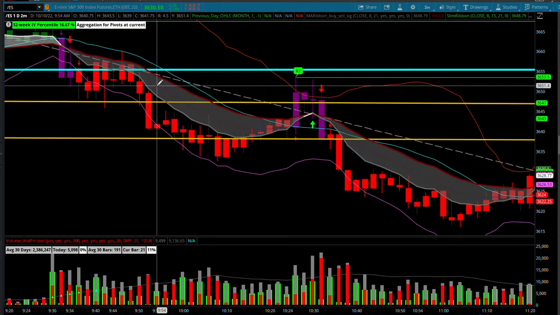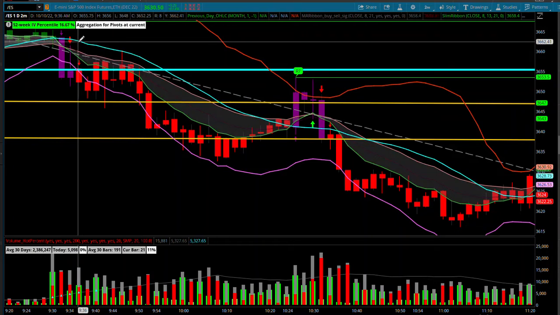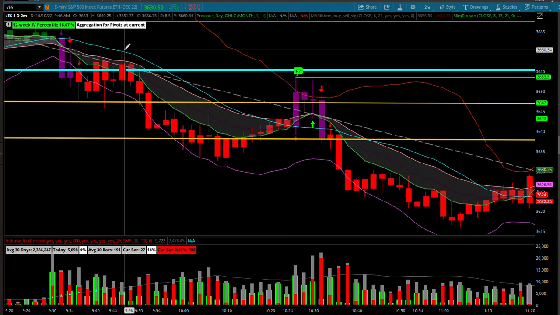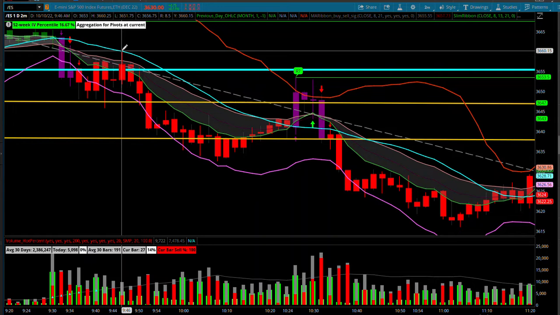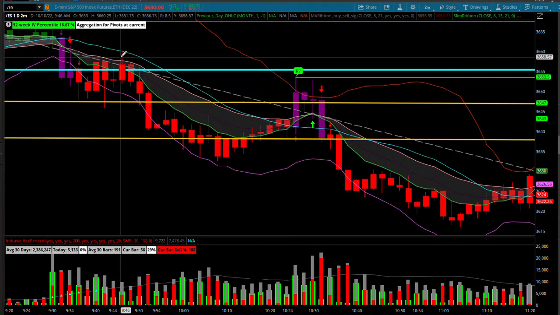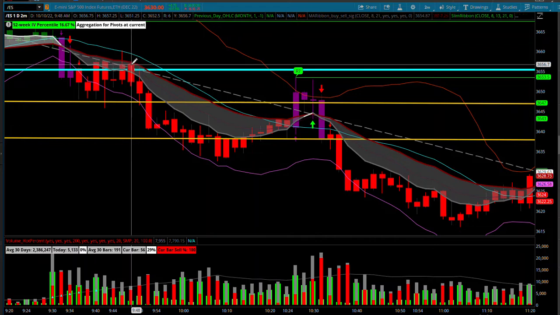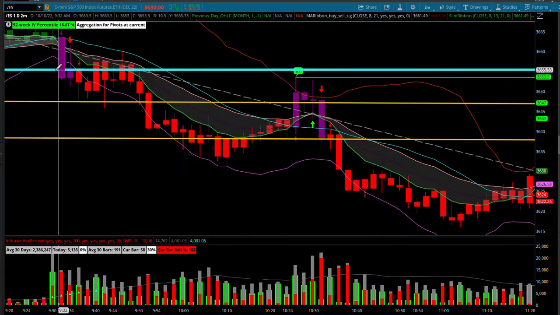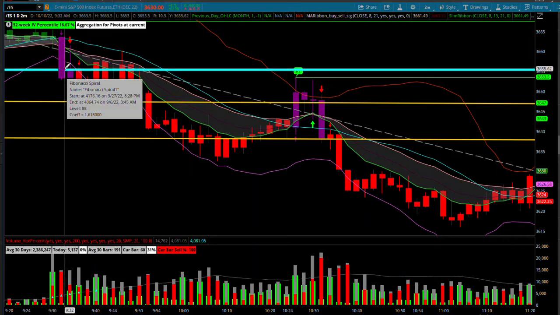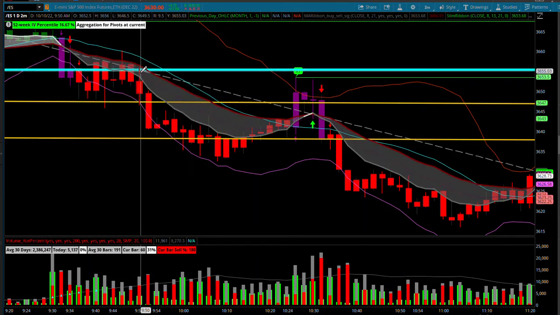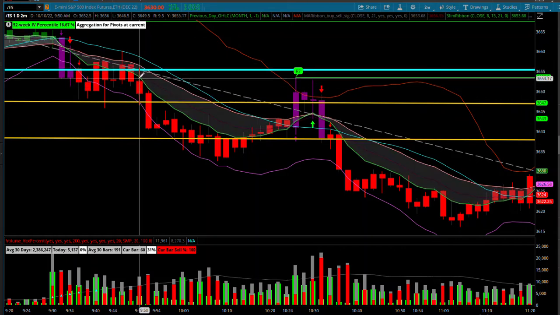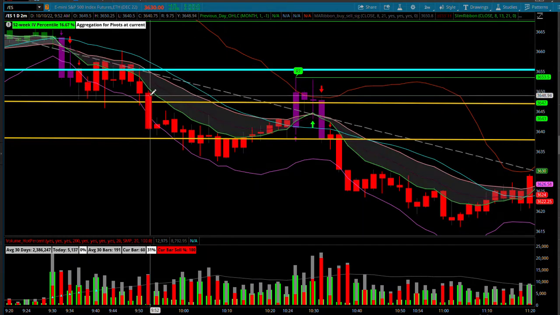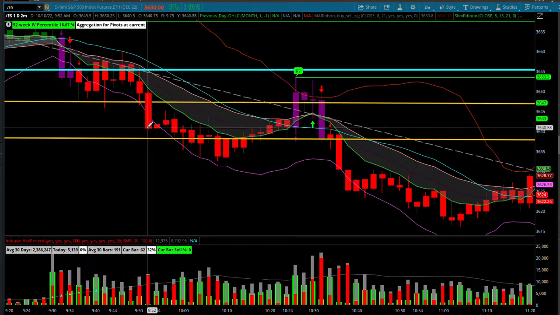But if you want to wait for a rejection of the 20, you could actually probably start a third lot at the 20. And if you get a confirmation of a rejection, like I said, this is a fib arc, well, it's a fib spiral actually. Once you start getting this rejection right here on this candle, you can start initiating shorts.